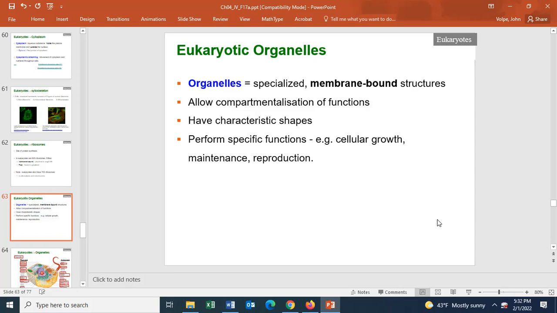They have specific cellular shapes, and they perform specific functions like cellular growth, maintenance, and reproduction. The nucleus, the function is to protect the DNA. The Golgi complex to modify and sort proteins. And we'll talk about each of those in a little bit.